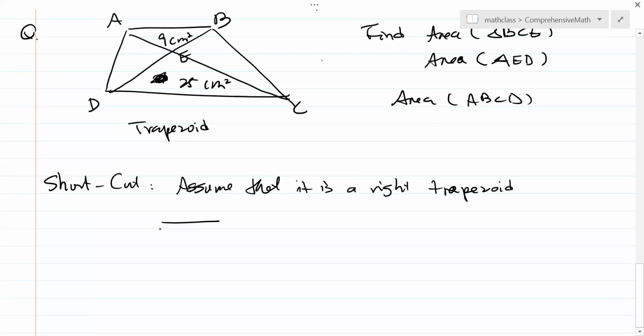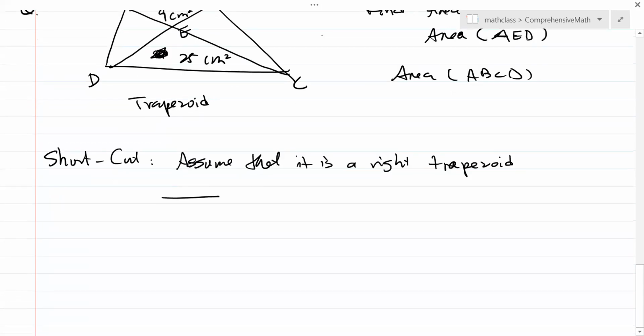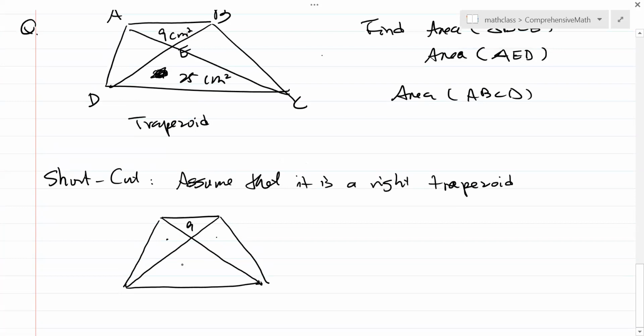A right trapezoid looks like that, and you can assume it goes like that. So that means both sides are equal, right? Put it this way. Then you're trying to figure it out.